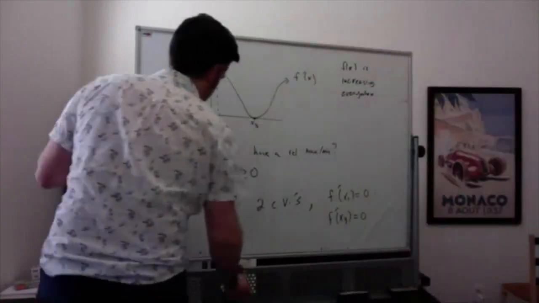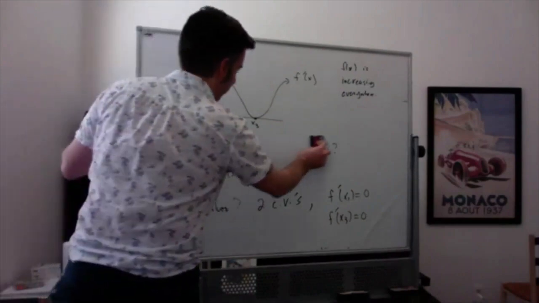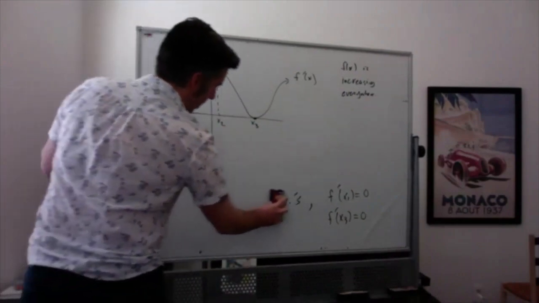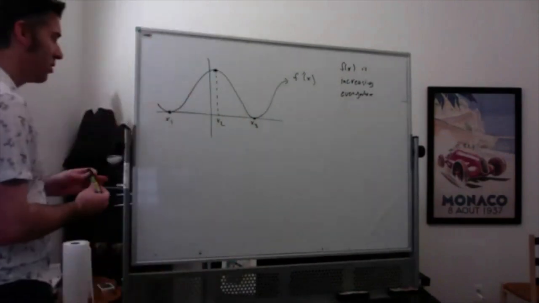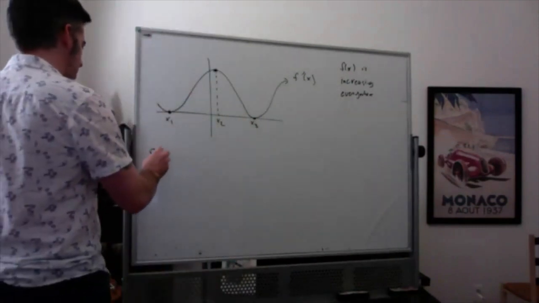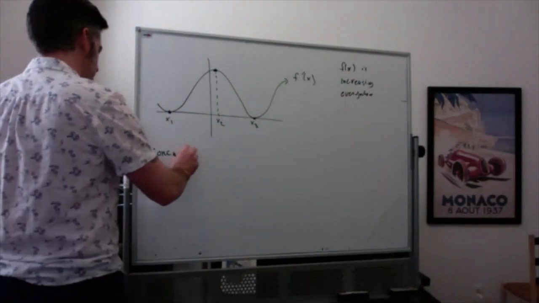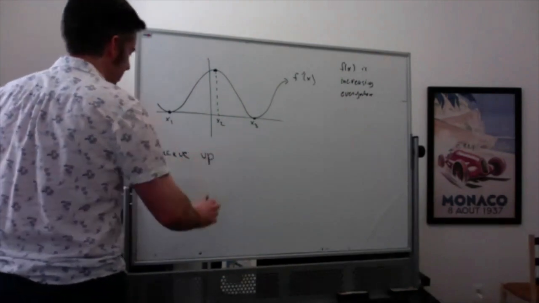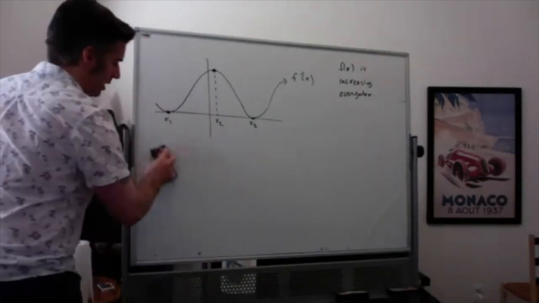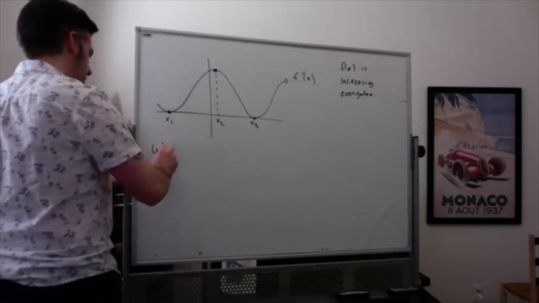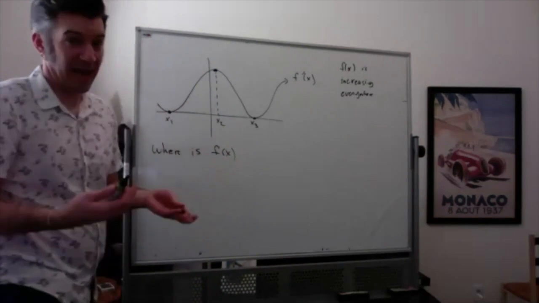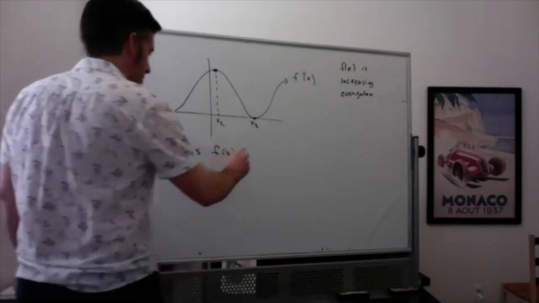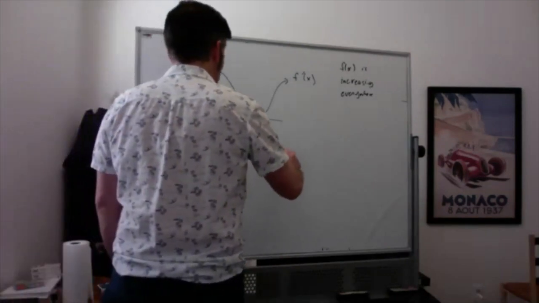And now I want to ask about the second derivative stuff. Meaning, I really want to ask, where is this function concave up? And I should be more specific. I should say, where is the function f of x, which I haven't graphed, where is f of x concave up?